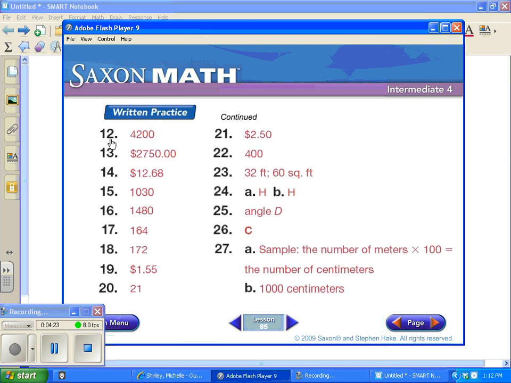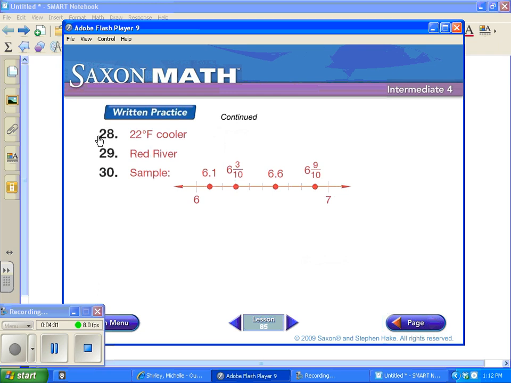Hit pause as you check 12 all the way to 27. And hit pause as you check 28 to 30. Pay special attention to number 30. This is one that I know we will see this type on the end of the year test.